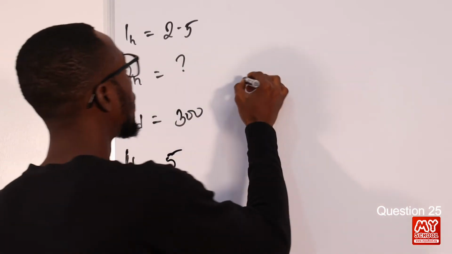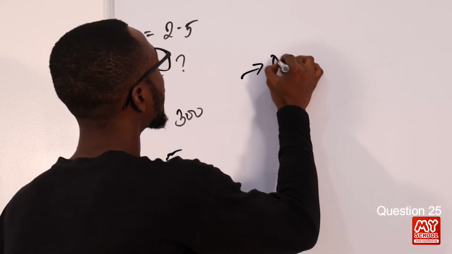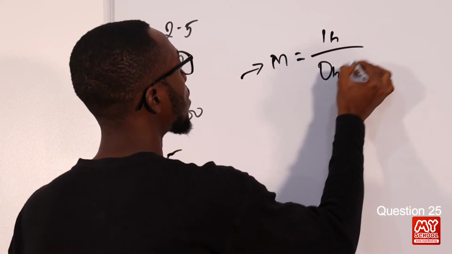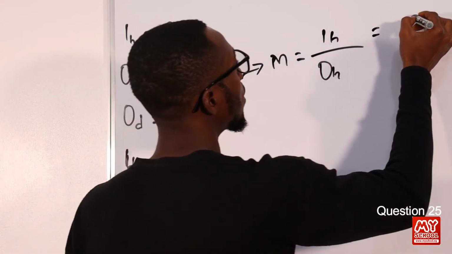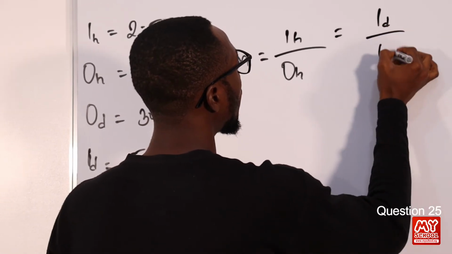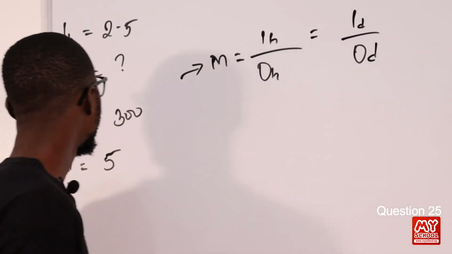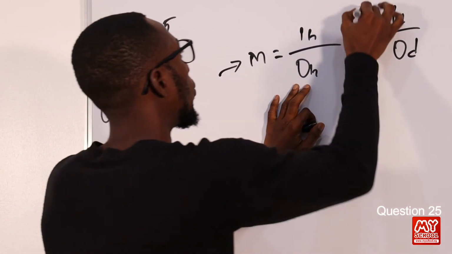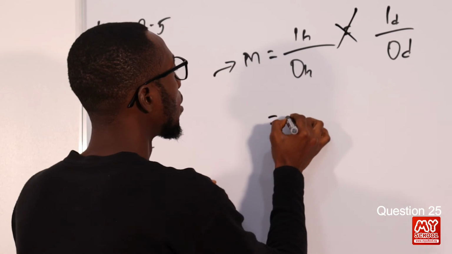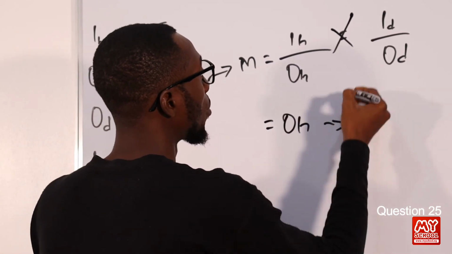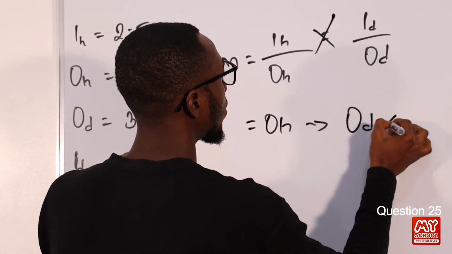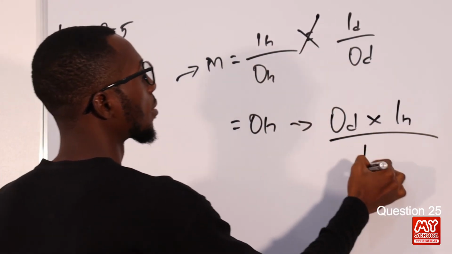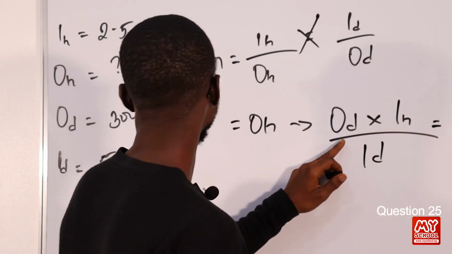Remember from the formula we just said, magnification equals image height over object height, equals image distance over object distance. From the question we are asked to find the height of the object, the height of the building. When we cross multiply and divide both sides, what is our object distance?